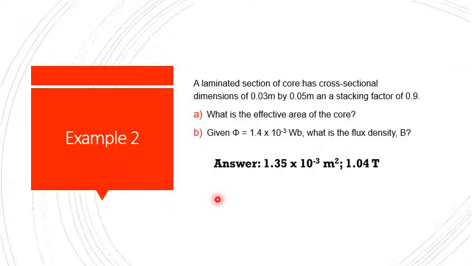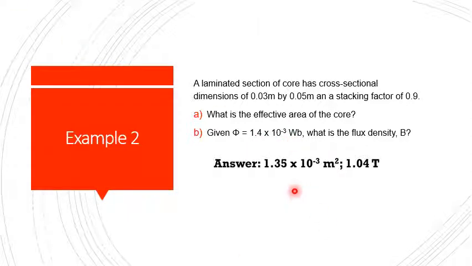Let's look at example 2. A laminated section of core has cross-sectional dimensions of 0.03 meter by 0.05 meter, and the stacking factor is 0.9. Find the effective area of the core, and if the flux is 1.4 milliweber, what is the flux density?